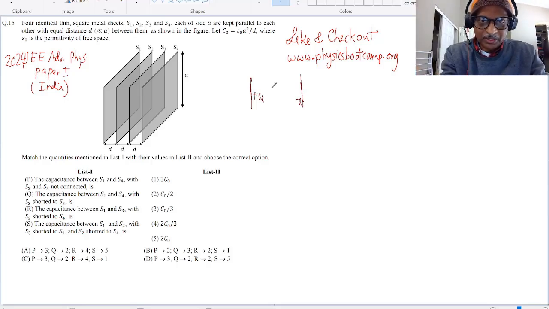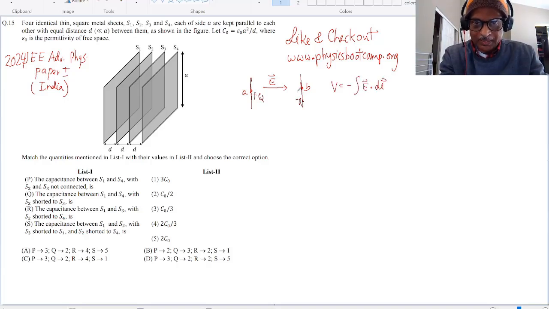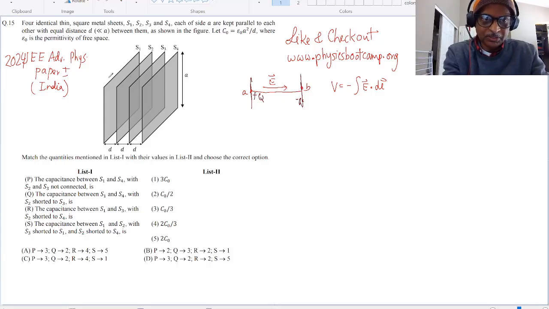The way to get it is to find the electric field in this area, and from point A to point B, you can integrate the electric field. So V will be minus the integral of E dot dl. You take maybe a straight path like this and integrate on it. In this situation, you're going to get a constant electric field.